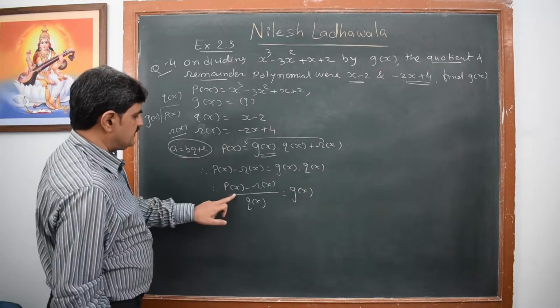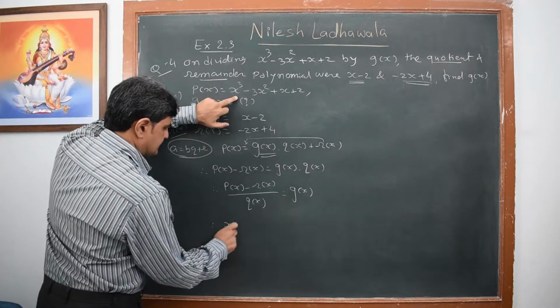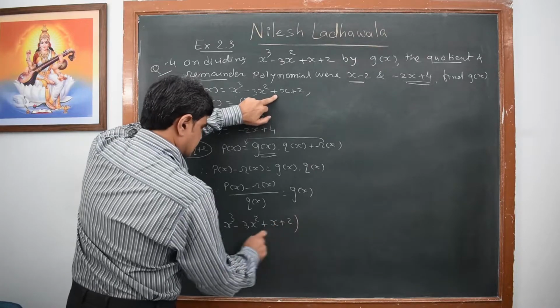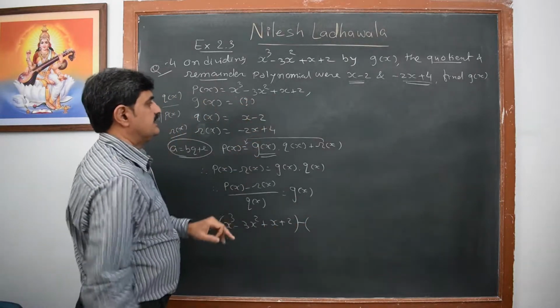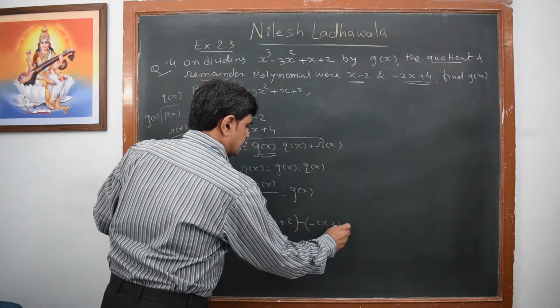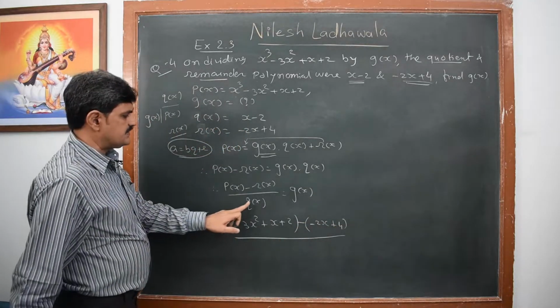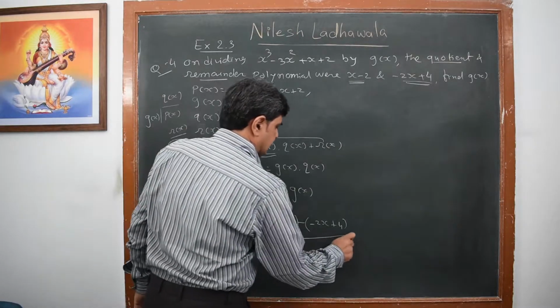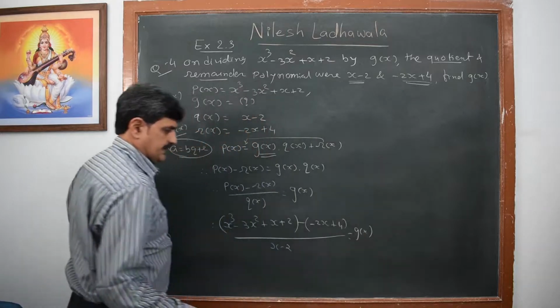Now instead of p of x, I can write x cube minus 3x square plus x plus 2, minus, instead of r of x, I should write minus 2x plus 4. Instead of q of x, I can write x minus 2, and that is equal to g of x.